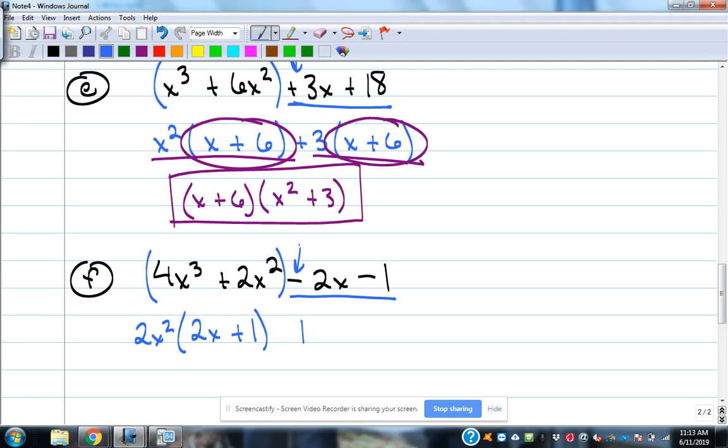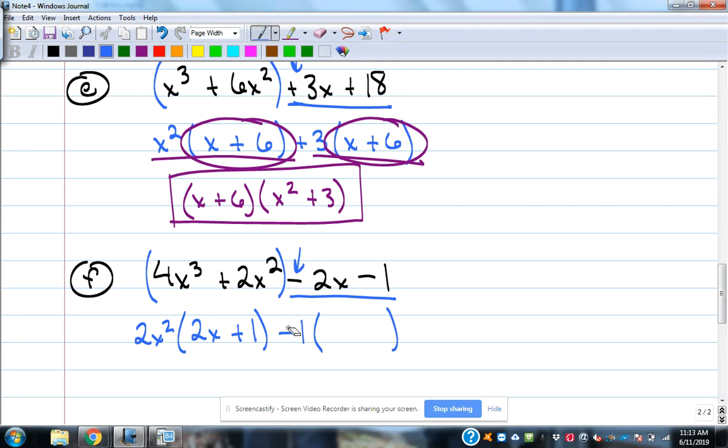That's a minus sign, so I'm going to make it a negative 1 that I'm pulling out. Whatever that sign is right there in the middle, that's always going to be the sign that's right there. On example E, it was a plus sign in the middle, so we put a plus sign right there. Here, it's a minus sign in the middle, so we're going to put a minus sign right there in the middle. Now, here's where the magic happens. Not really magic, it's math.